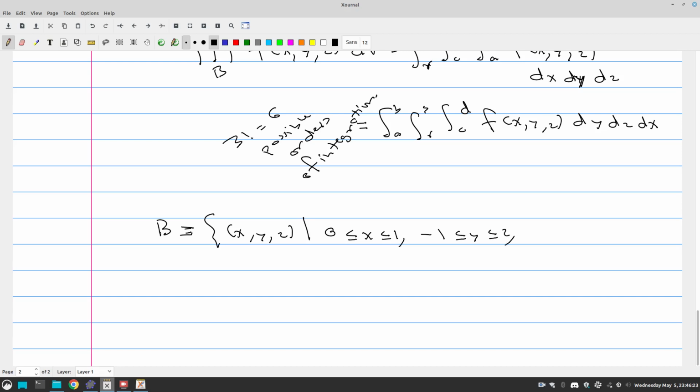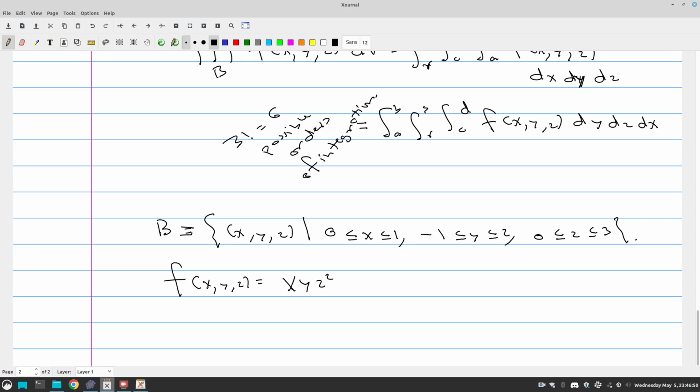And Z goes from 0 to 3. And we're given a function of x, y, and z, f of x, y, z, which is equal to xyz squared.